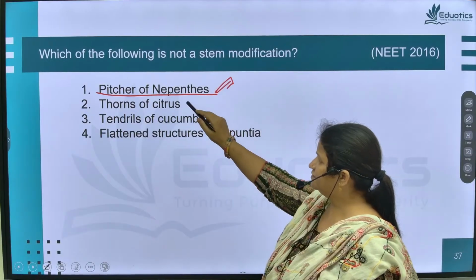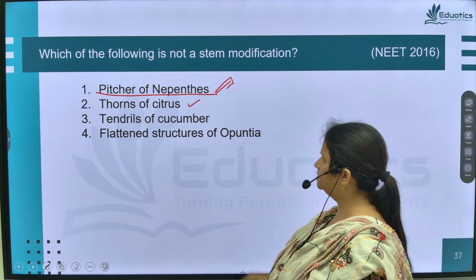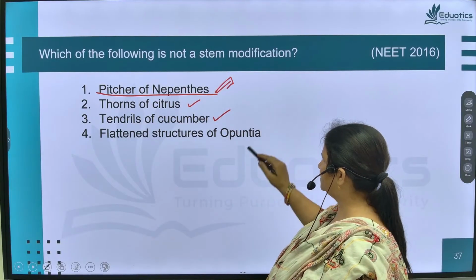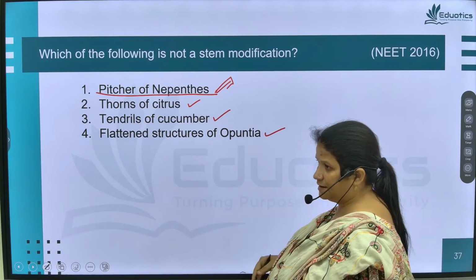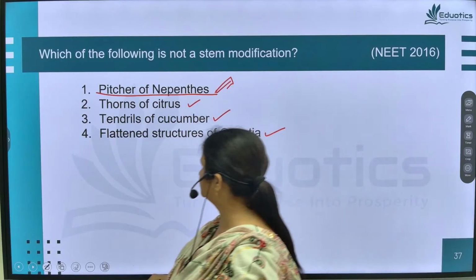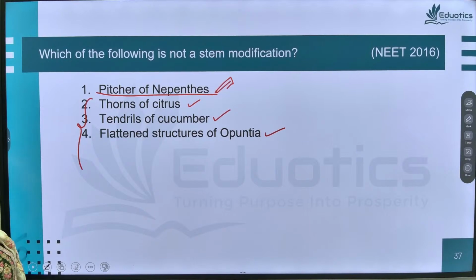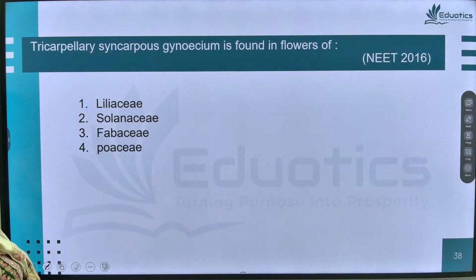Thorns of citrus, which come from the axillary bud, tendrils of cucumber, and the flattened structures of opuntia, the phylloclades, these all three are modifications of the stem. Next question.